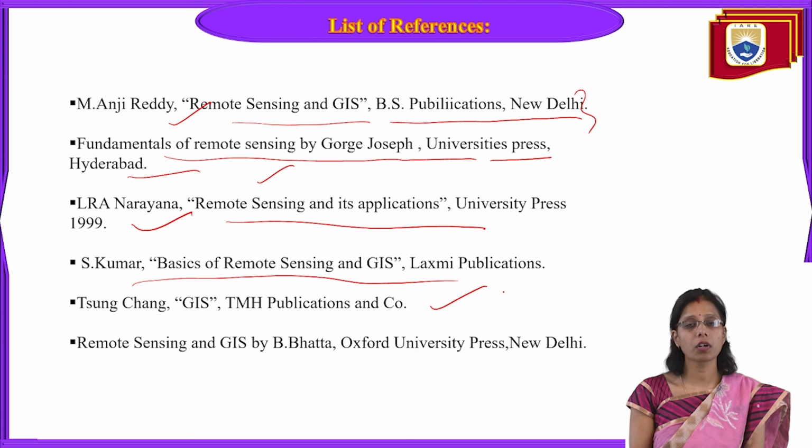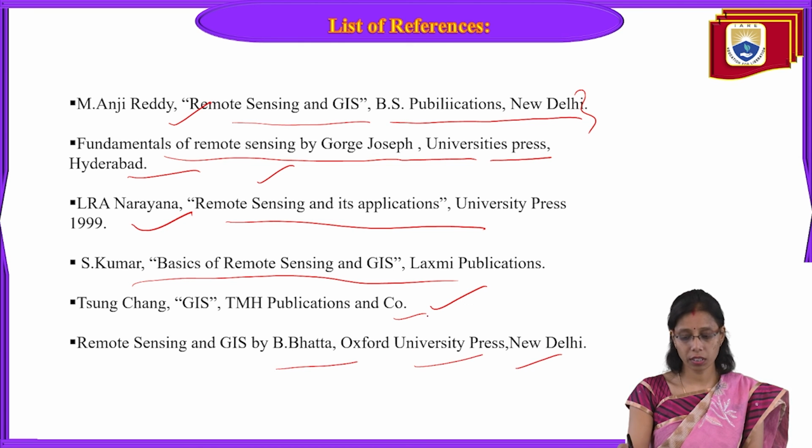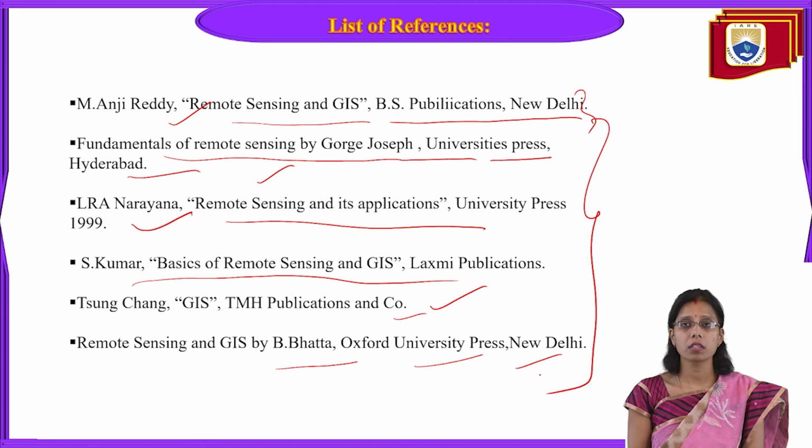This is a very good book for your GIS part. When we'll be discussing GIS, you can go through this book for your reference purpose. And Remote Sensing by B. Bhatta, Oxford University Press. So these are all references for this topic. You can go through all of these.